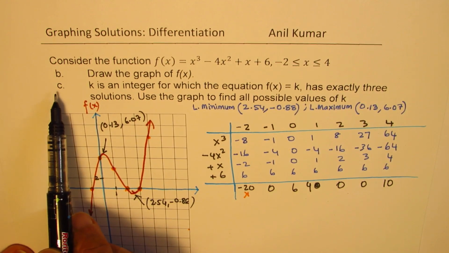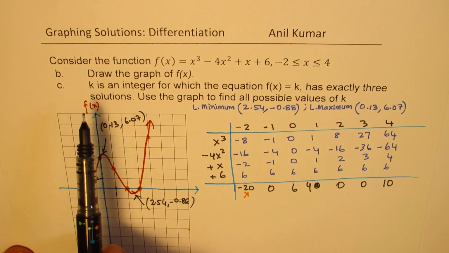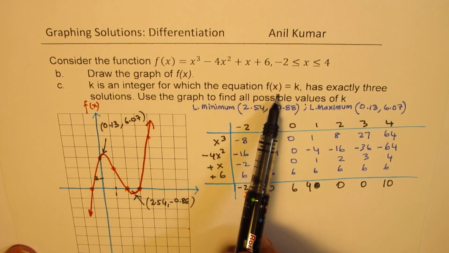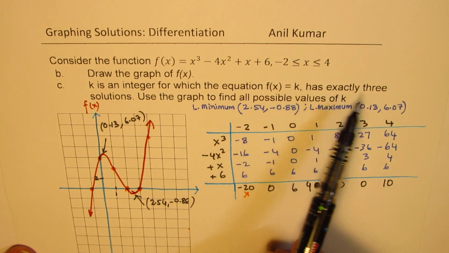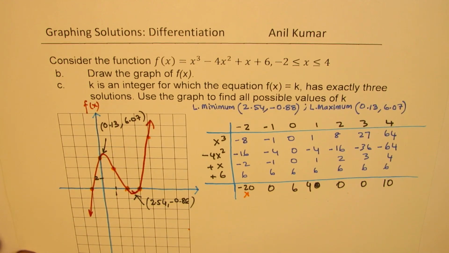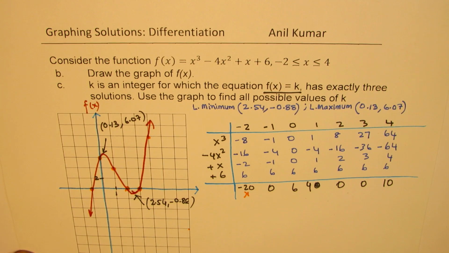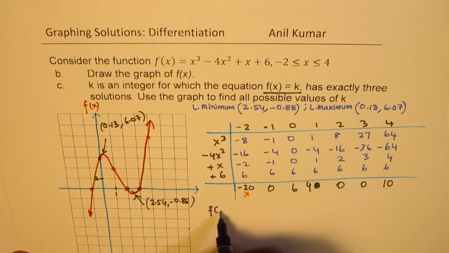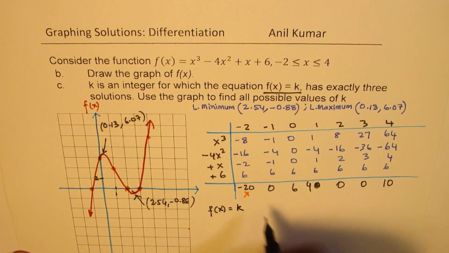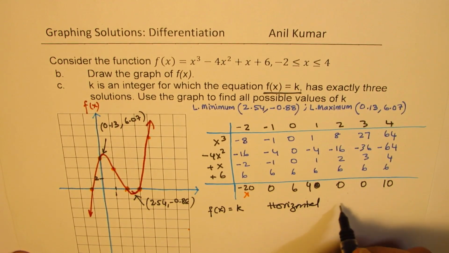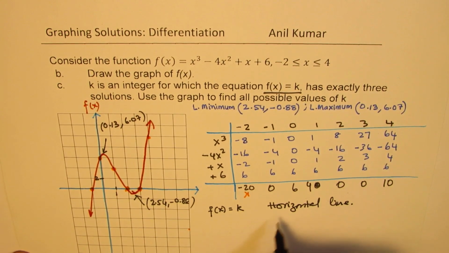Now, let's look into part C, which says k is an integer for which the equation f of x equals k has exactly 3 solutions. Now, f of x equals k means what? When we write f of x equals k, it is a horizontal line. And we are looking for 3 solutions.